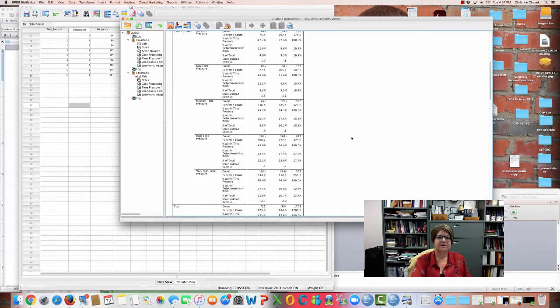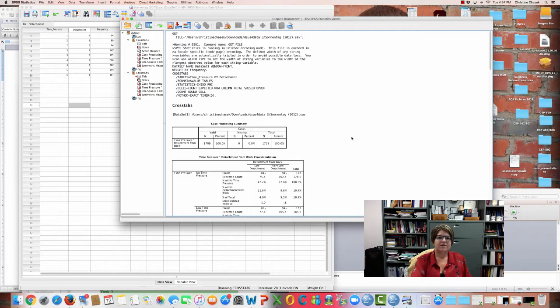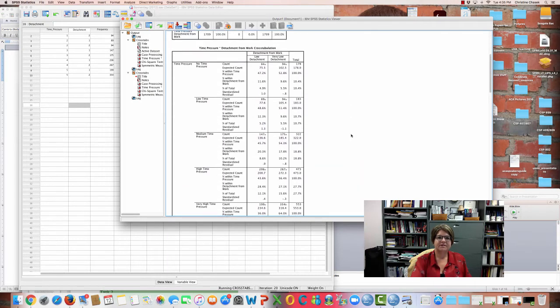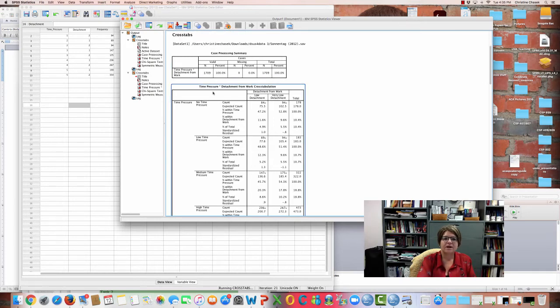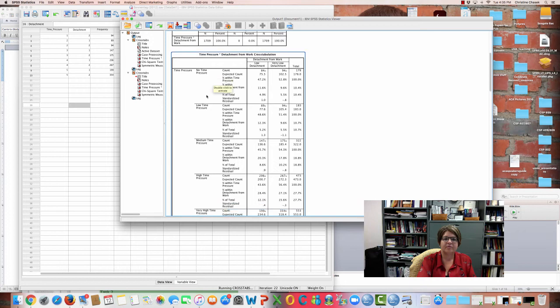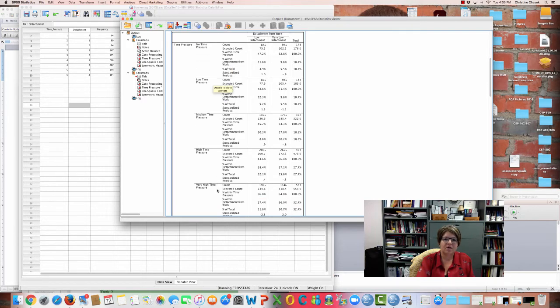All right, so here we go. So under crosstabs, you can see that it gives us all of the cases that we have. We had 1,709. And here is the, I guess, the row and column that we looked at earlier. So it tells you time pressure, right, on this column.